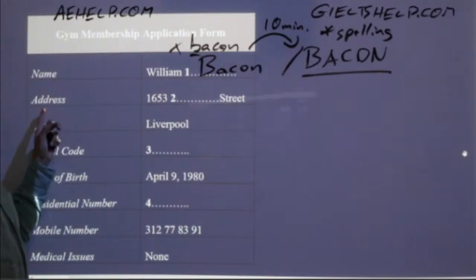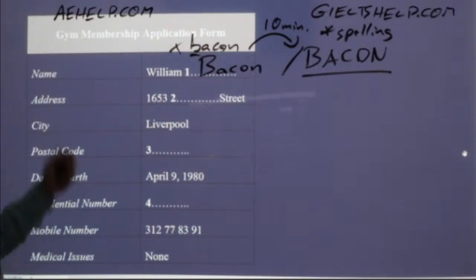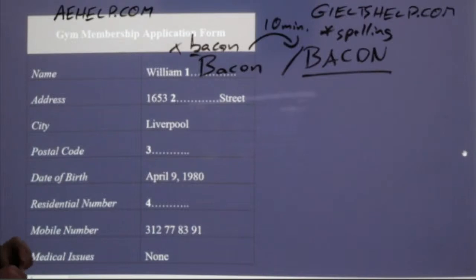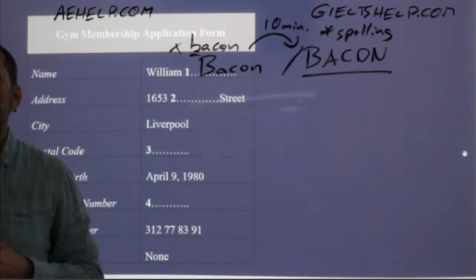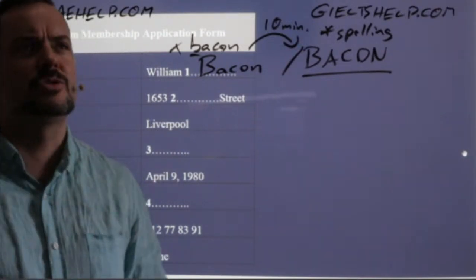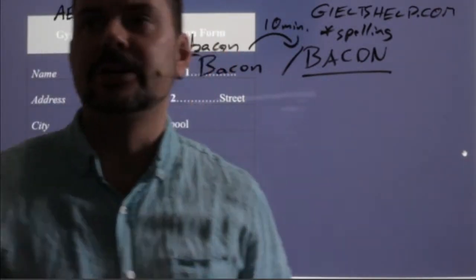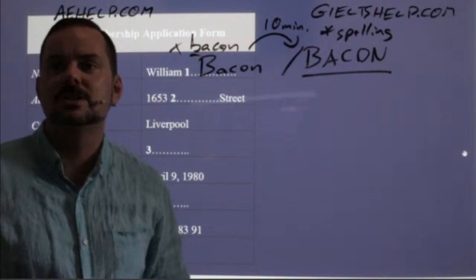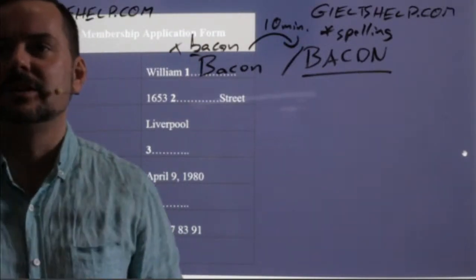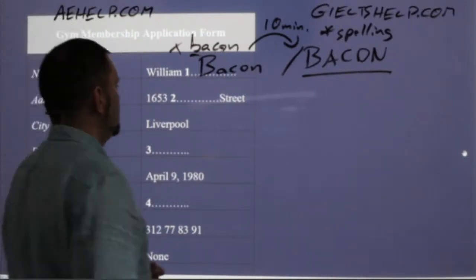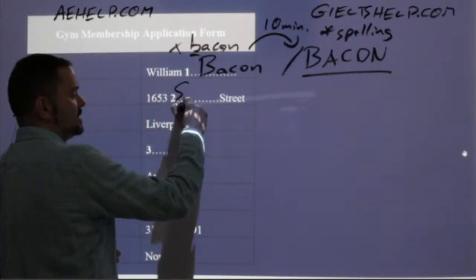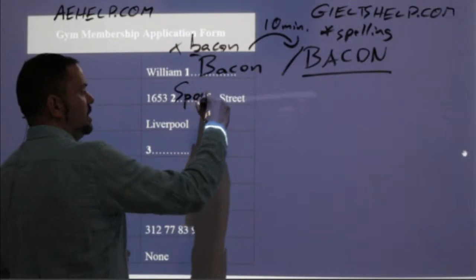All right, so the address was next. Mr. William Bacon lives at 1653 something street. What street? I think the administrator says, yeah, I know that street. My grandmother lived there. So what was the street? Radhika says, yeah, I totally agree. Okay, all right, Spoonar. Yeah, so again, it has to be a big S no matter what you do, okay?